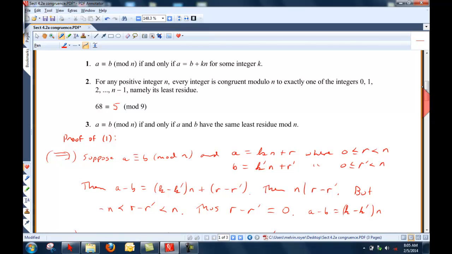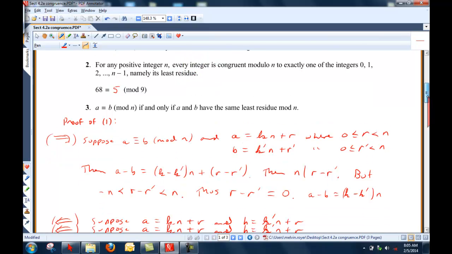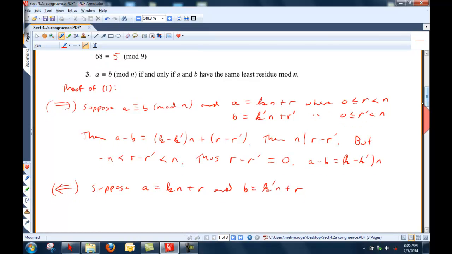And I'm writing that with the same r because of what I'm allowed to assume, that these two integers differ by a multiple of n. Then their difference is (k minus k prime) times n. So n does indeed divide the difference, and therefore by the definition of congruence we have that A is congruent to B mod n.